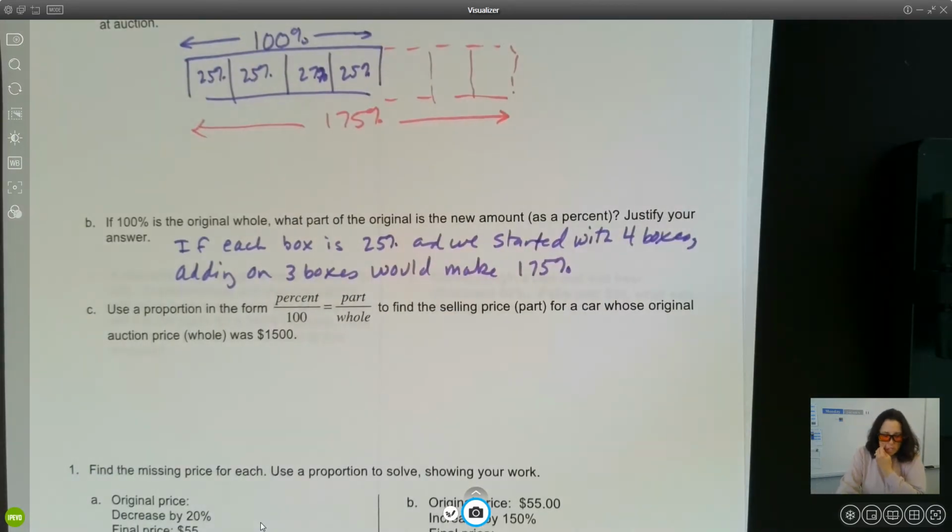Use a proportion in the form percent over 100 equals part over whole to find the selling price part for a car whose original auction price whole was $1,500.